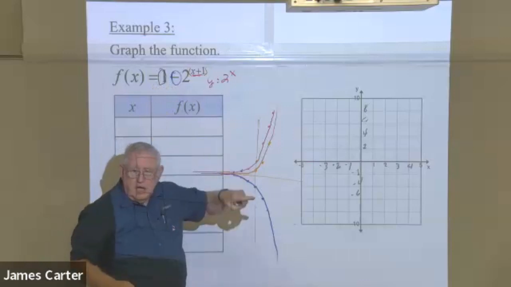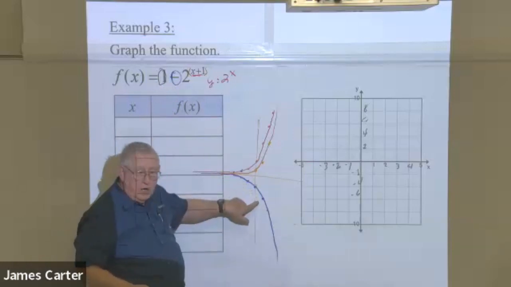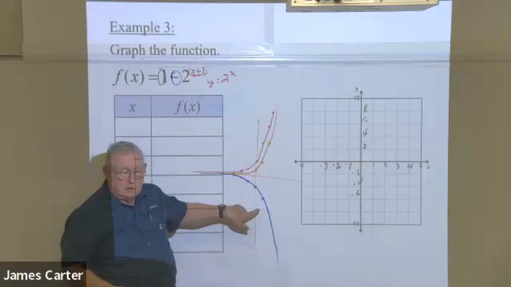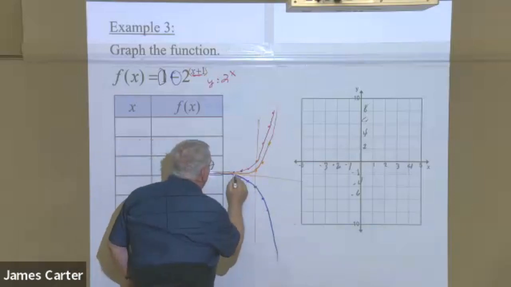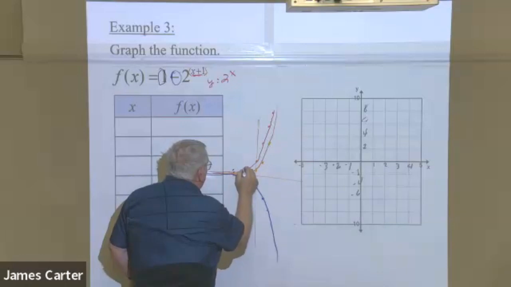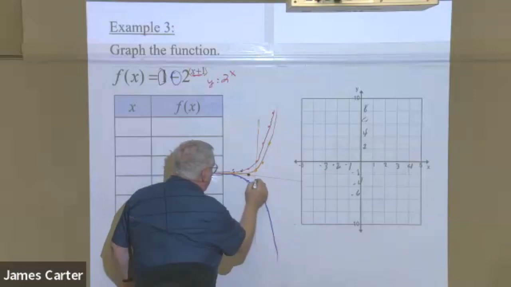Now this one is going to raise it up, raise this one up one place. So this point comes up to here. This point comes up to there. This one about here. Let's see, about there. This one here. This one here.